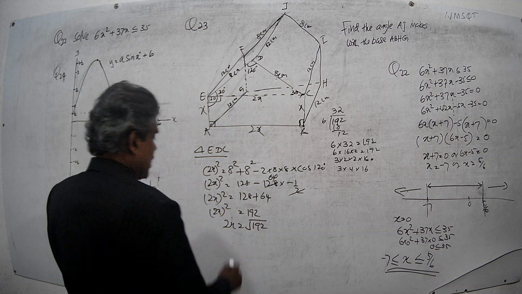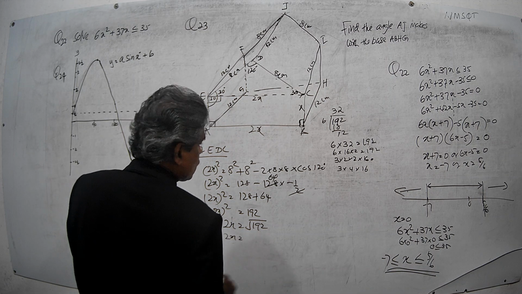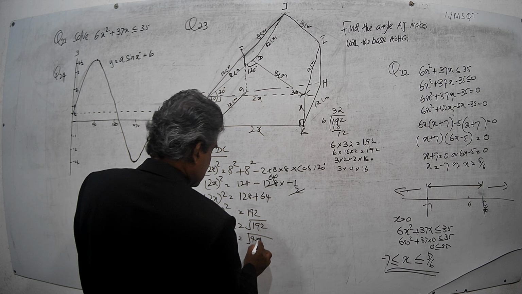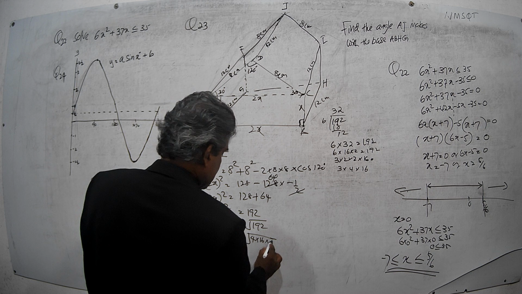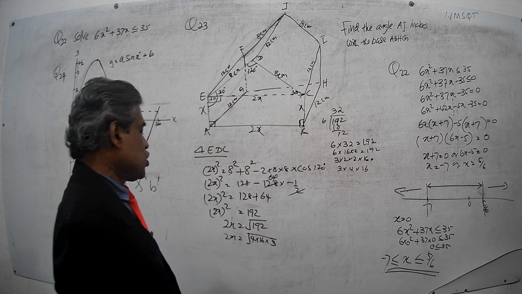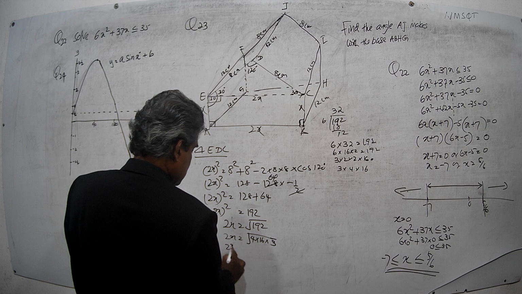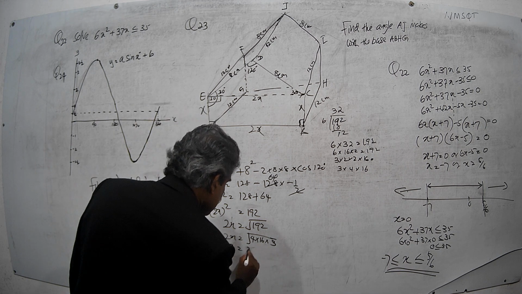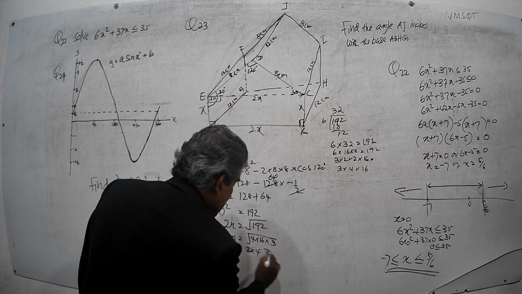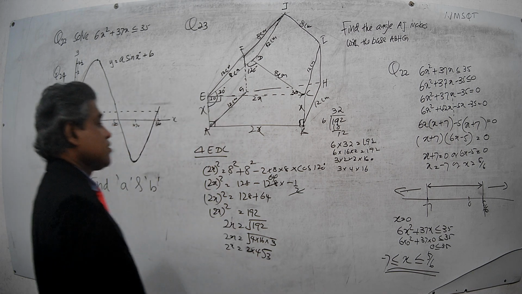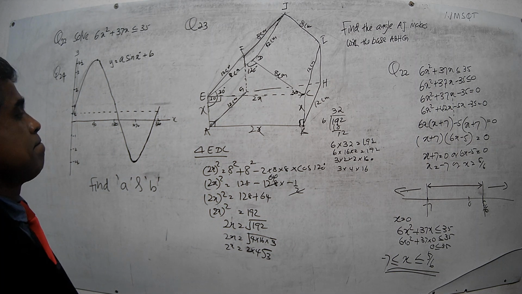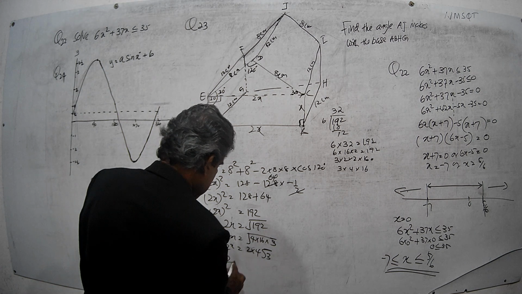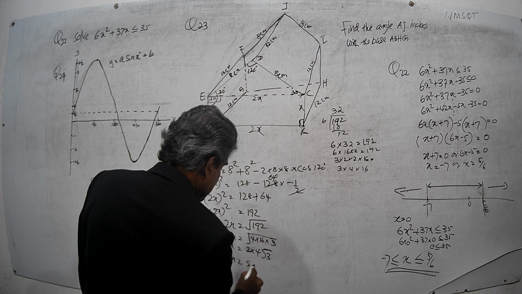Now you write this 2x equals 4 into 16 into 3. The square root of 4 is 2, square root of 16 is 4, and the square root of 3 is not known, so you write it as is. Then 2x equals 8 square root 3.